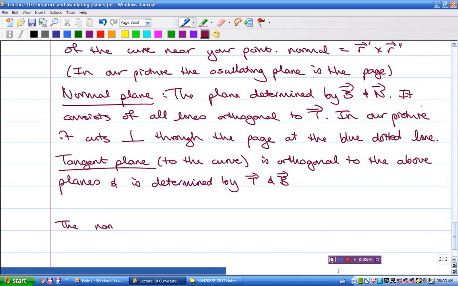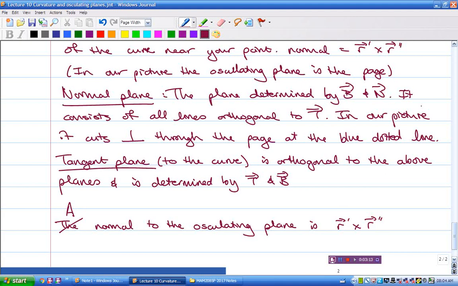Okay, so the normal to the osculating plane, and I've already written this towards the top. I shouldn't say "the," in fact, I'm going to rub that out. In fact, I'll cross it out just to make it really obvious. I should say a normal to the osculating plane is r dash crossed with r double dash. Of course, there are infinitely many normals to any plane, because a normal is simply a vector that's pointing out. You can think of it almost as an arrow that's pointing orthogonally out of your plane, and there are infinitely many of those.